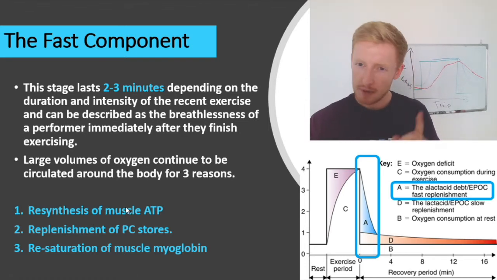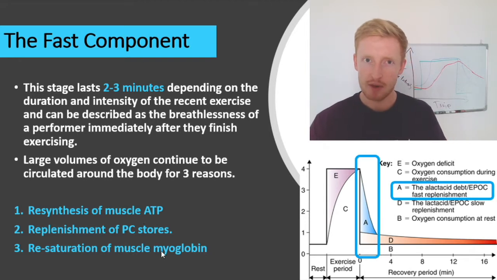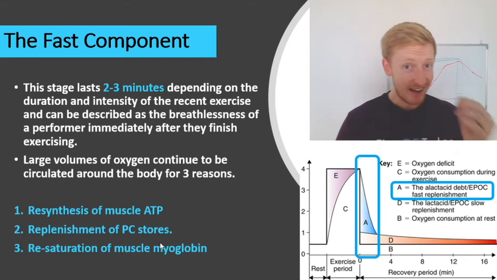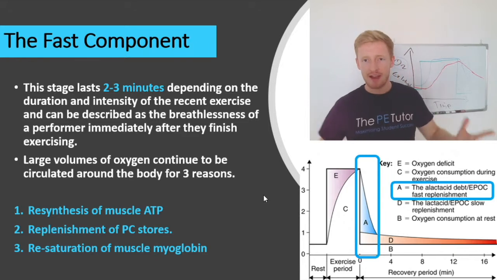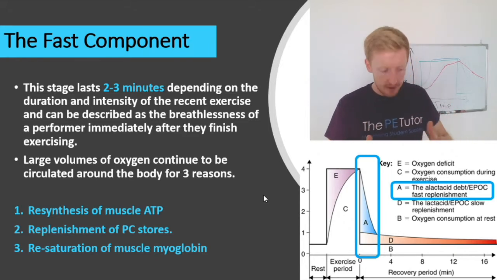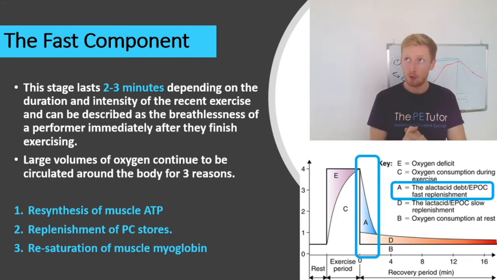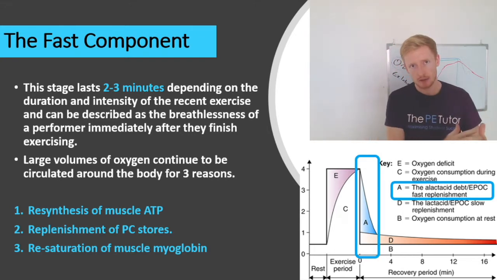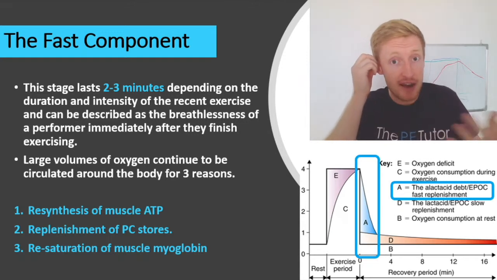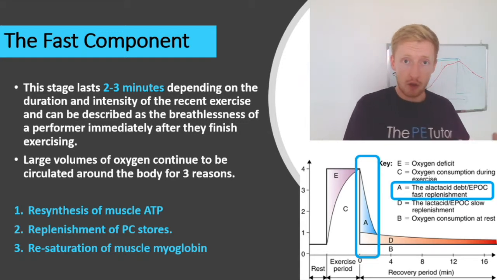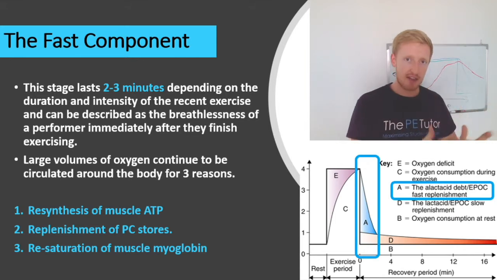Now, you might be able to see a bit of a link there between those 3. The link is to do with our energy systems. We're resetting our energy systems. From the first one, the one that we use immediately, we reset that first.